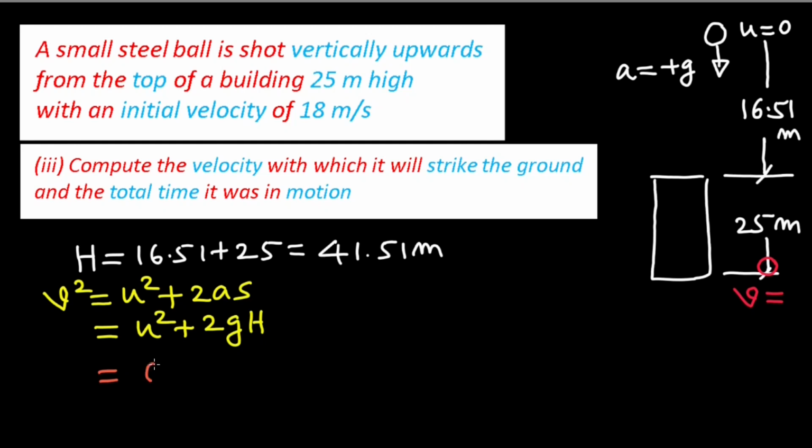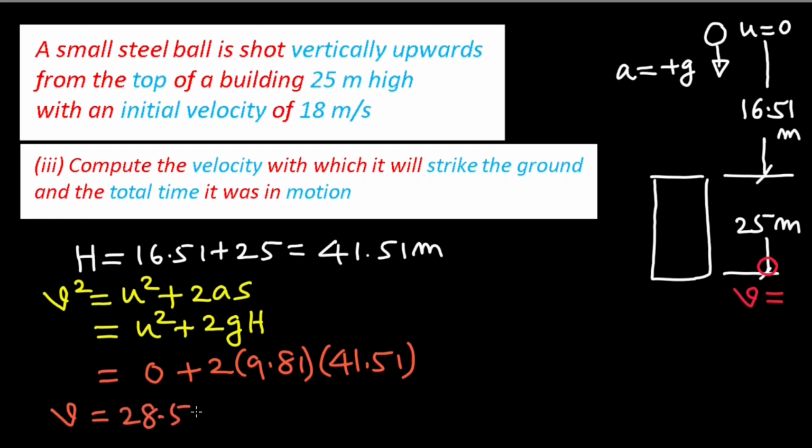U is 0 plus 2 times g is 9.81 into 41.51, which is capital H. So that gives us v is equal to 28.54 meter per second.